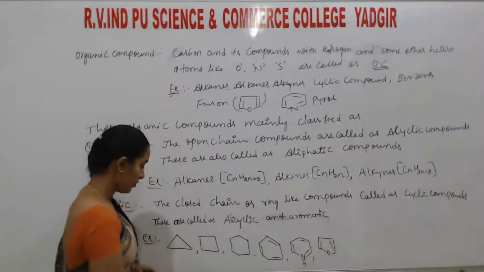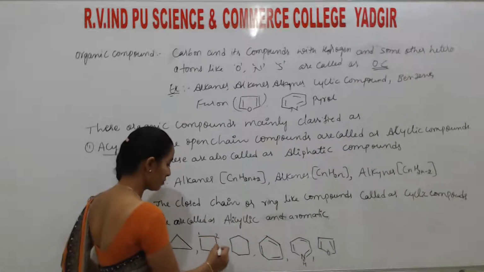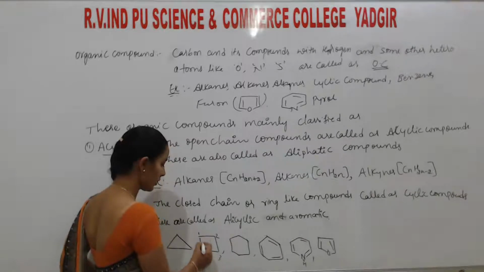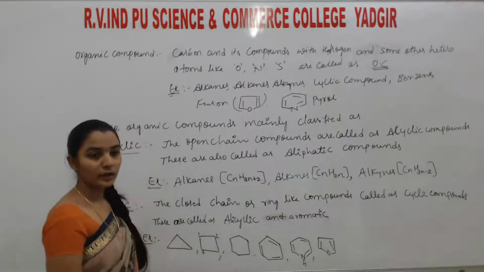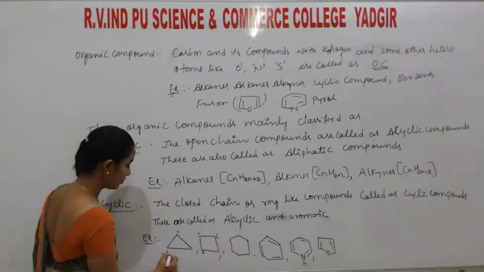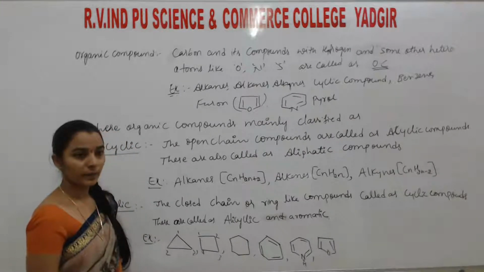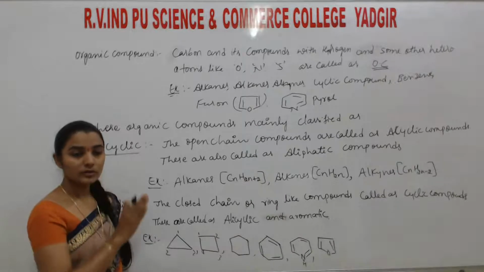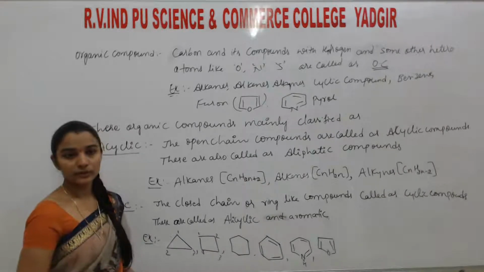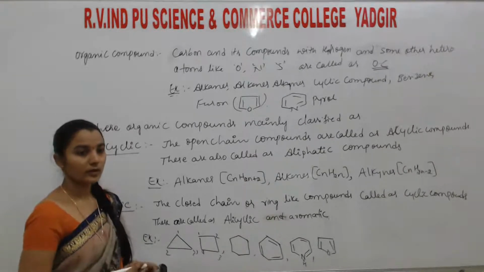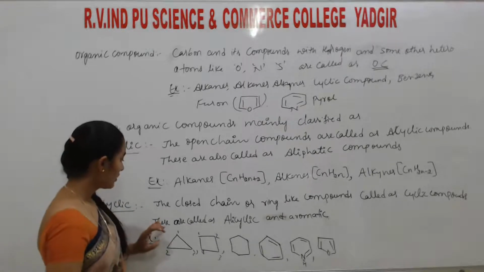If you consider this as first, 1, 2, 3, 4, the first and last carbon atoms are interconnected. Here also 1, 2, 3, the first and last carbon atoms are interconnected. This is a closed structure. Understand?